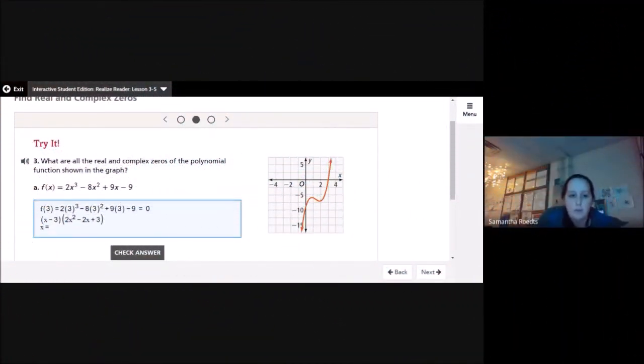So I get x equals 3 and x equals 1 plus or minus the square root of 5, and all of that over 2.